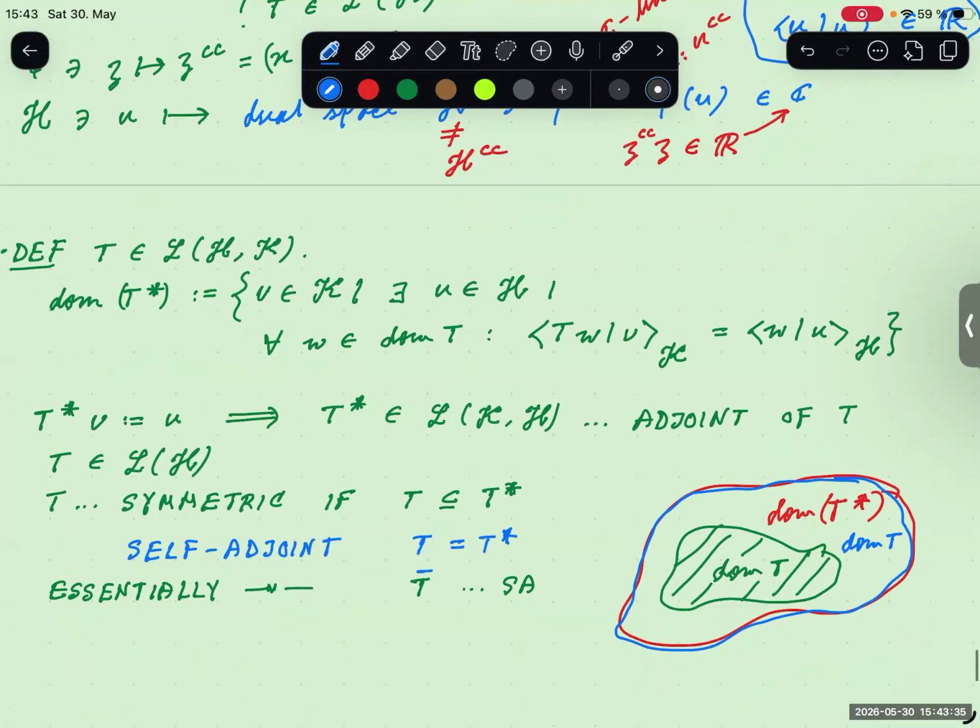The idea is that you take a linear operator from Hilbert space H to Hilbert space K, and then you have to somehow mimic exchanging rows and columns and then complex conjugation, both simultaneously.